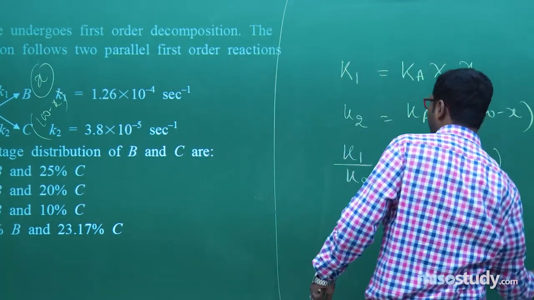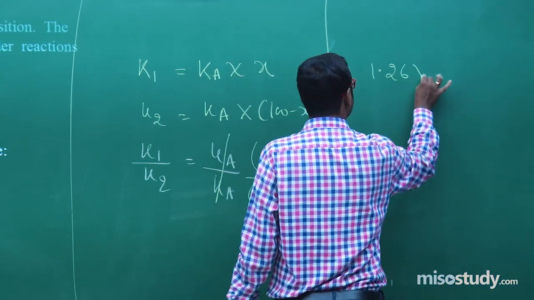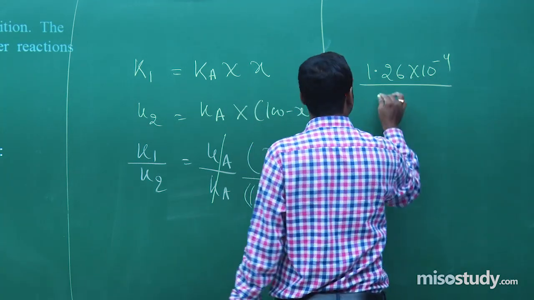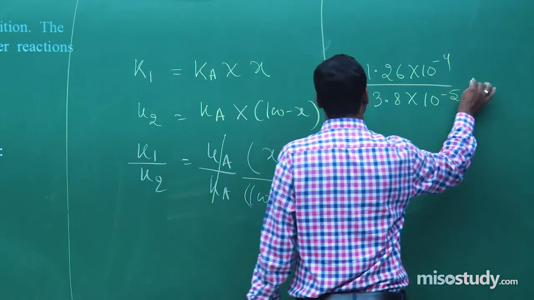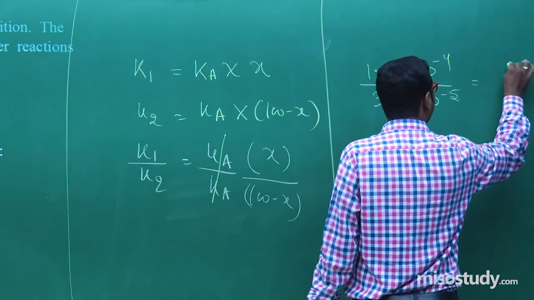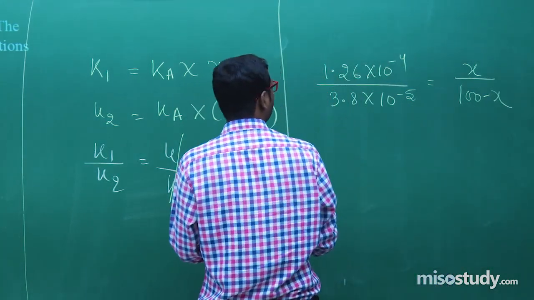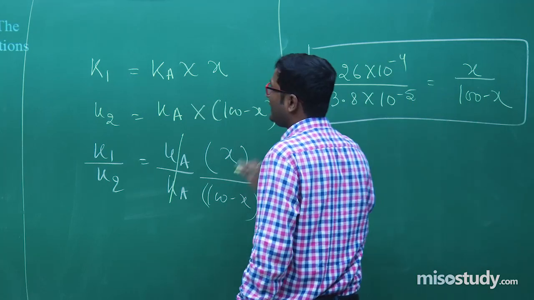Now I am putting the value of K1. The value of K1 is 1.26 into 10 to the power minus 4, and K2 is 3.8 into 10 to the power minus 5, equal to x upon 100 minus x. After solving this expression, what do we get?